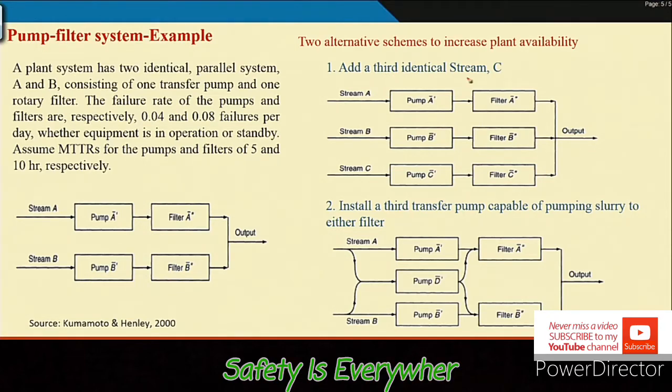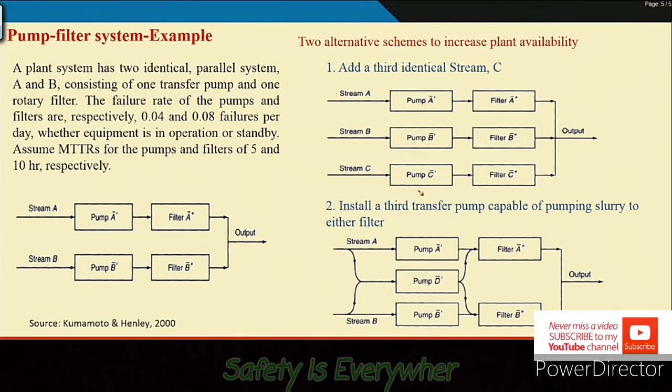One is to add a third identical stream, so that one stream will be redundant or standby, or you add a pump which is capable of pumping slurry to both the filters.